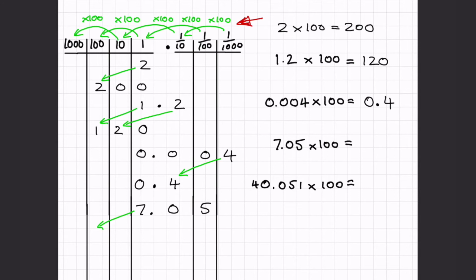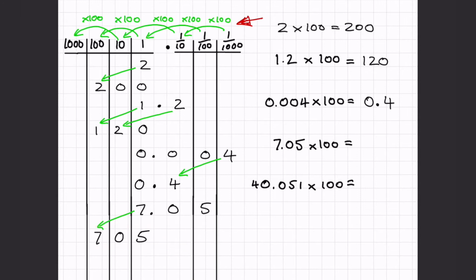Let's just move out a little bit so you can see the hundreds there. So the 7 has moved into that column there. If you think of 7.05, you've got those 3 digits. You've got the 7, the 0 and the 5. Effectively, once you've established the position of the first digit of the number that you're multiplying by 100 or 10 or 1000, everything else sort of falls into place. So I know that the 0 will go here and the 5 is going to go here.